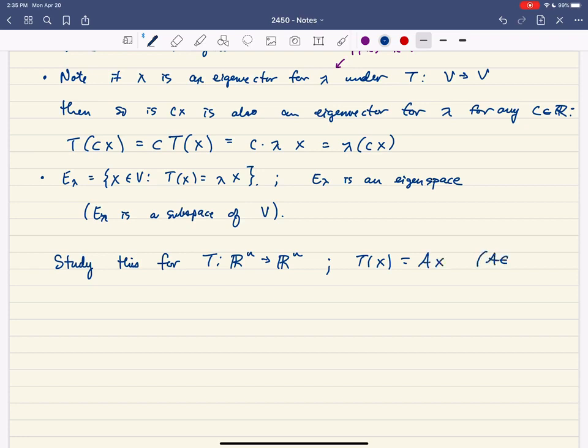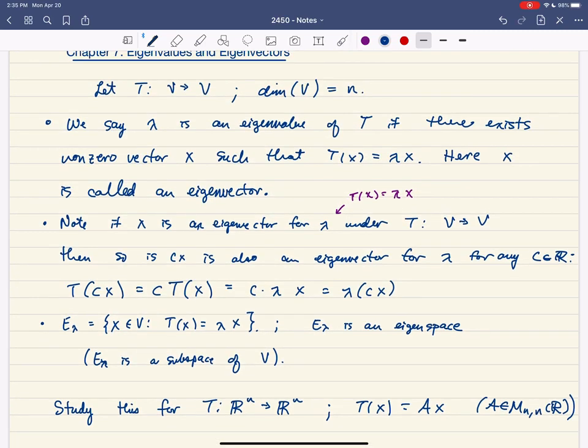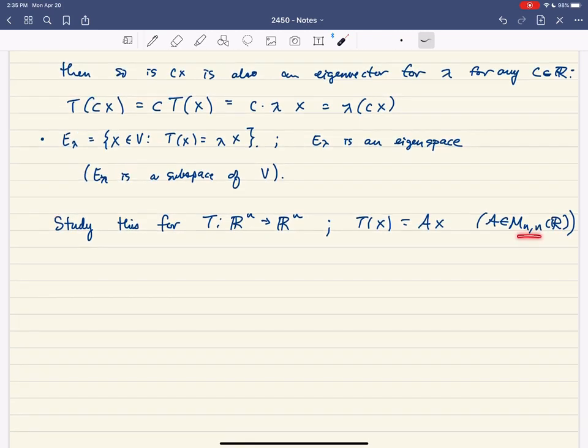Here A is an n by n matrix. It's square, so it has the same number of rows and columns. In this case, we're calling that n. Notice that I'm using n slightly differently here. Before, n was the dimension; here the dimension is n squared.